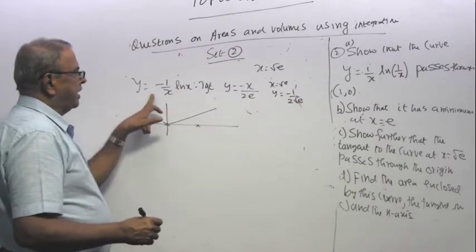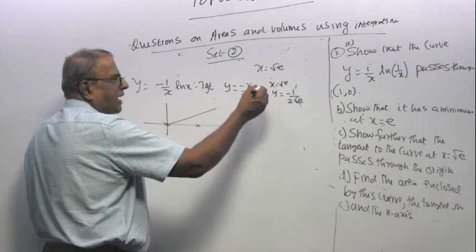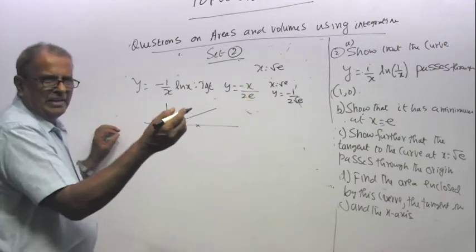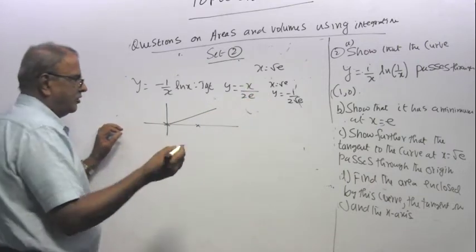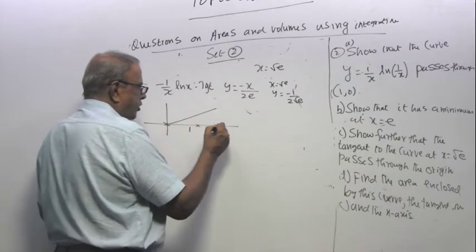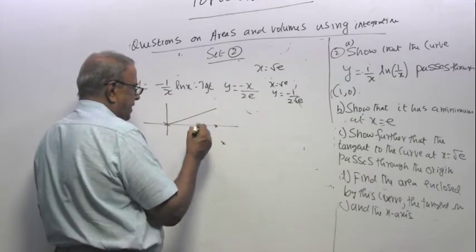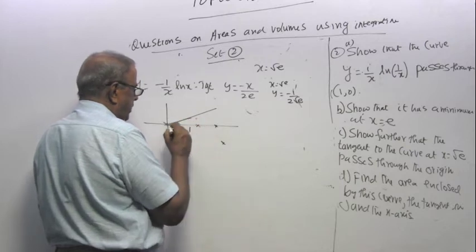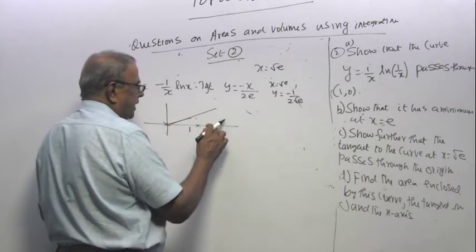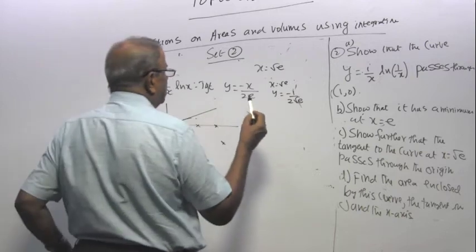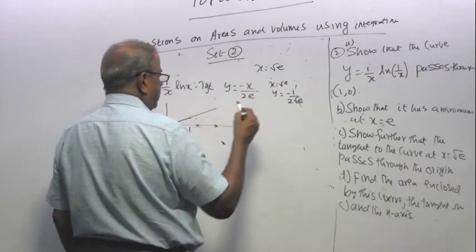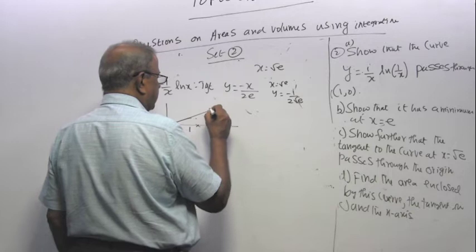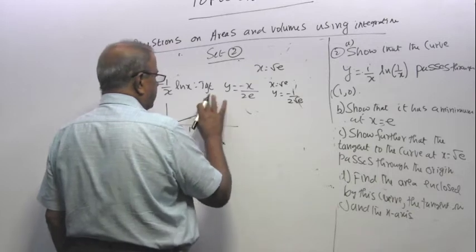Root e is root of 2.7, which is more than 1. So this is 1. So more than 1, it's somewhere like that. And then you see the graph at x equal to 1, y is 0. And then at x equal to root e, somewhere there. So that's the point root e.